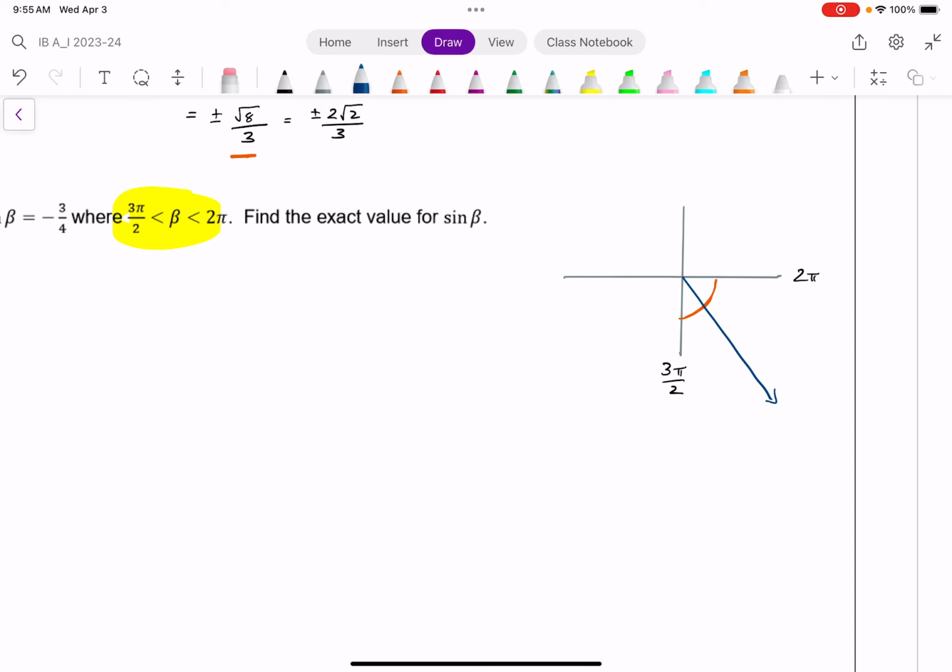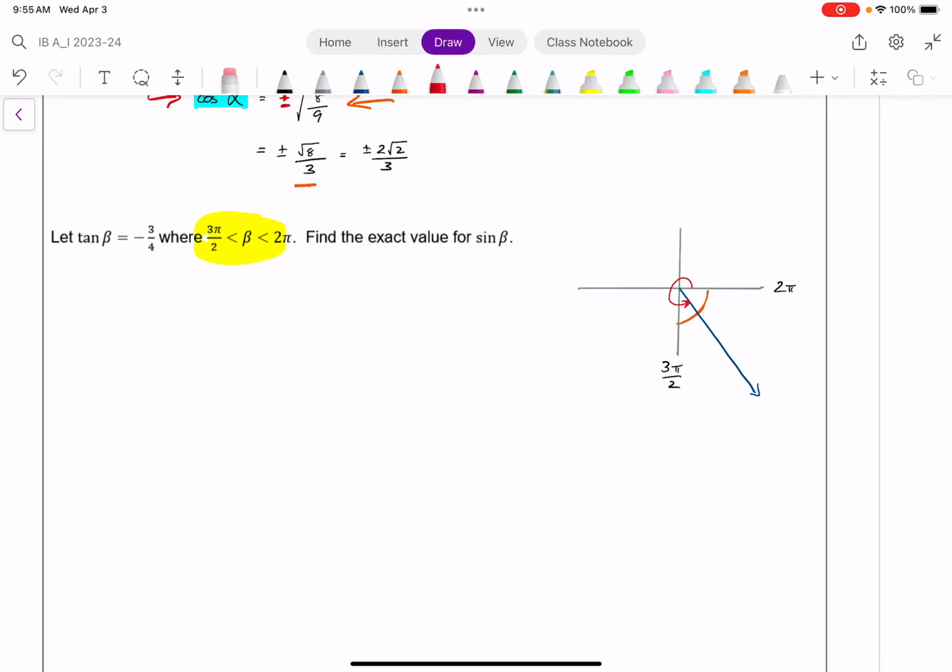So we're looking at an angle that's somewhere in that quadrant, okay? And the reason that matters is we're trying to find the sine of this angle. And if we think about our CAST rule, I can see right away that only cosine is positive in that quadrant. So I know my answer is going to be negative. I know my answer for the sine of beta will be less than 0.